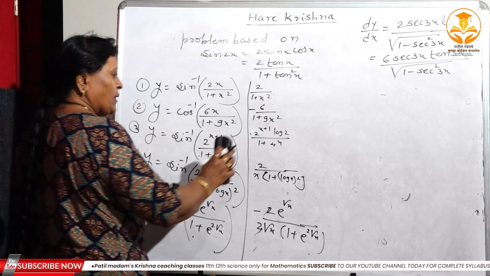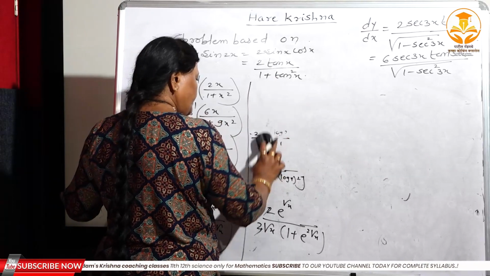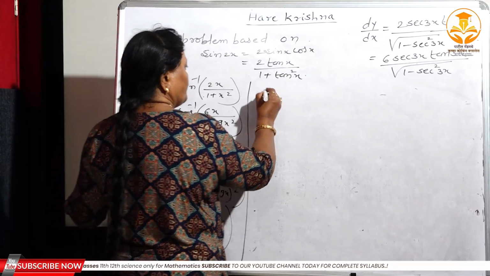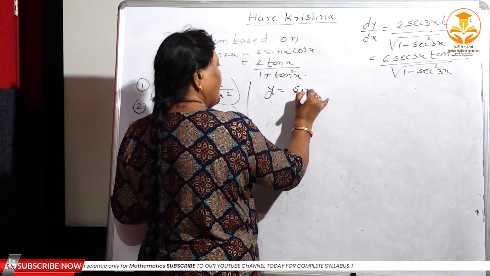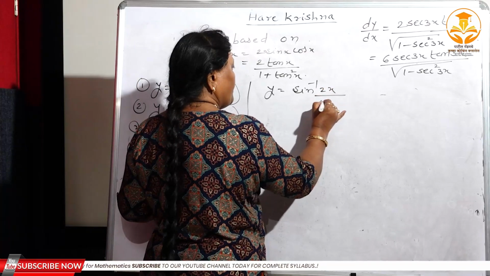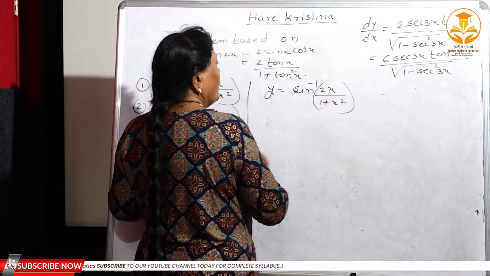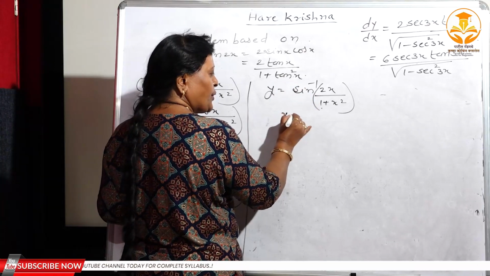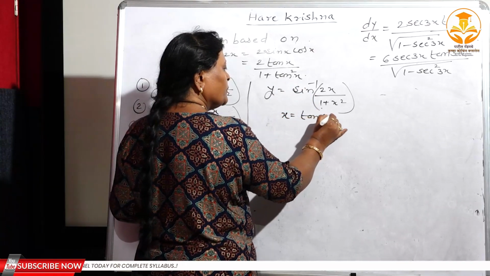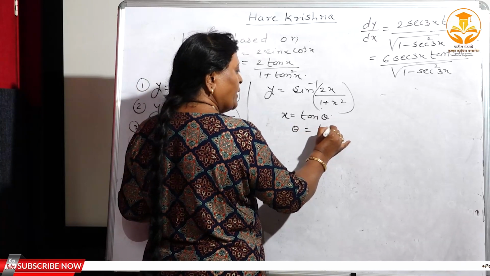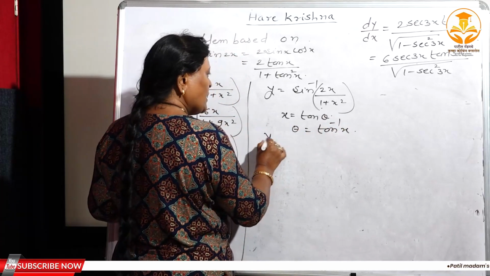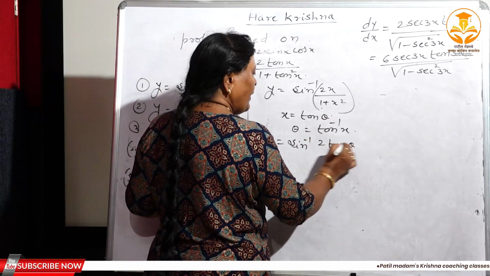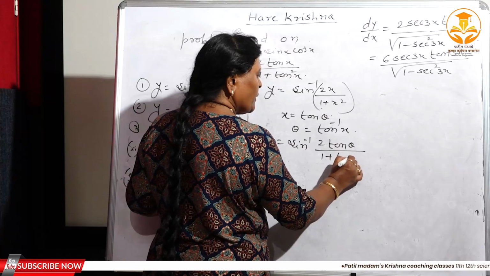The first problem is again very simple. Here y is equal to sine inverse 2x divided by 1 plus x square. Now to get this formula, what do you have to do? Obviously you can substitute x is equal to tan theta. Therefore theta is equal to tan inverse of x. Therefore y is equal to sine inverse 2 tan theta divided by 1 plus tan square theta.